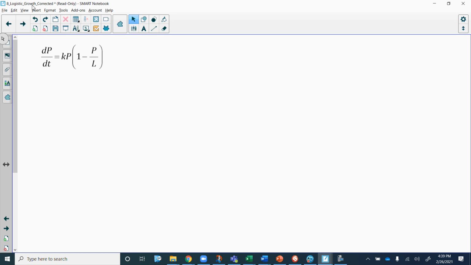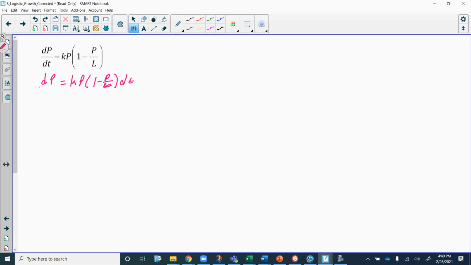So the nice thing about this is that it is a separable differential equation. dP/dt is not a fraction in the traditional sense. However, we can work with it like it's a fraction. We can multiply both sides by dt, and we'll wind up with dP equal to k times P, and in parentheses 1 minus P over L, times dt.